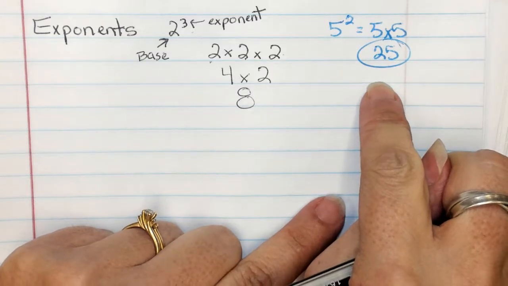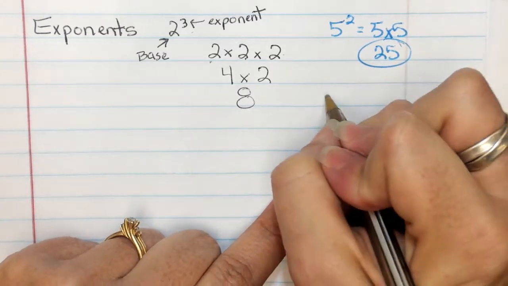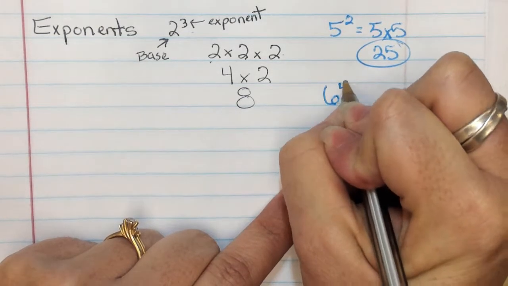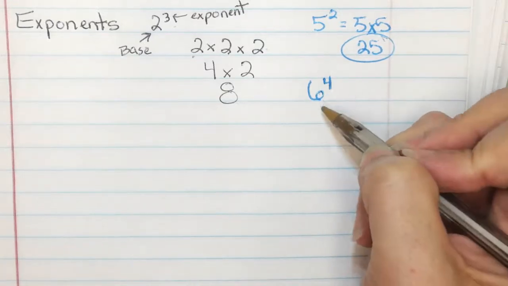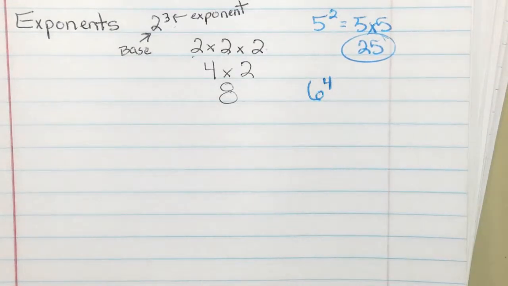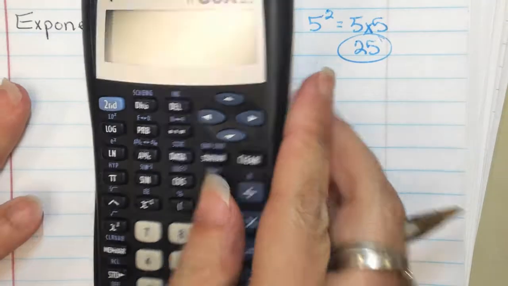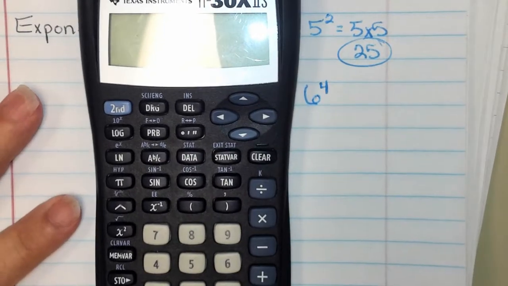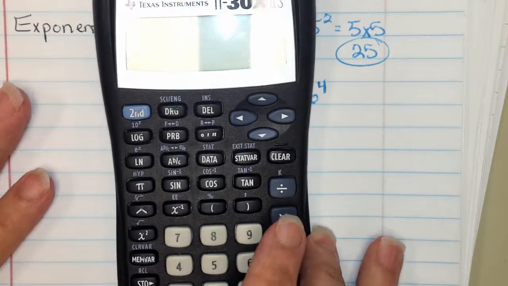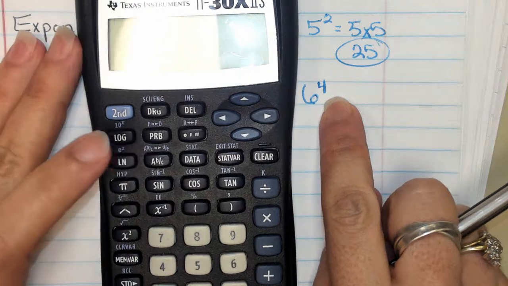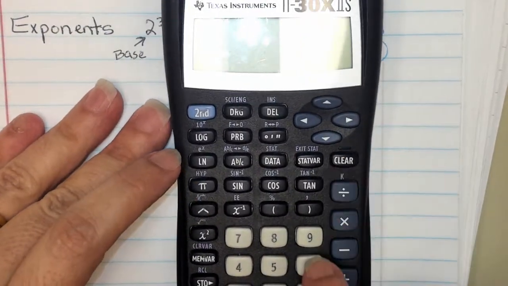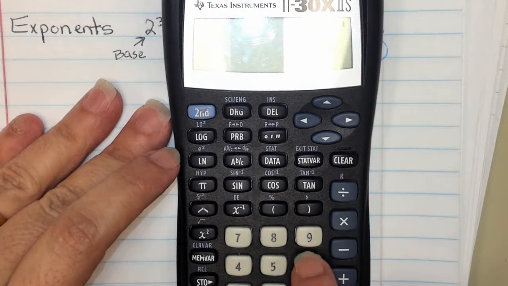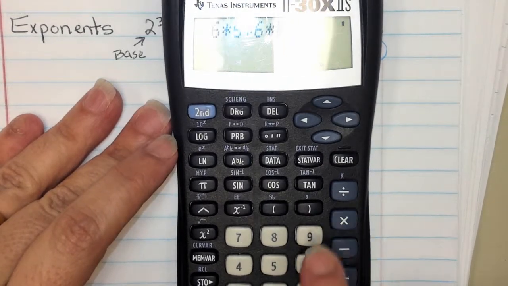I'm going to show you something else. Let's say you have 6 to the 4th power. You can key it in a calculator 2 different ways, and I'm going to do my best to show it up here. I know that sometimes the light gets us, but you can do it the old-fashioned way if you have just a cheapy calculator. 6 to the 4th power means 6 times 6 times 6 times 6.